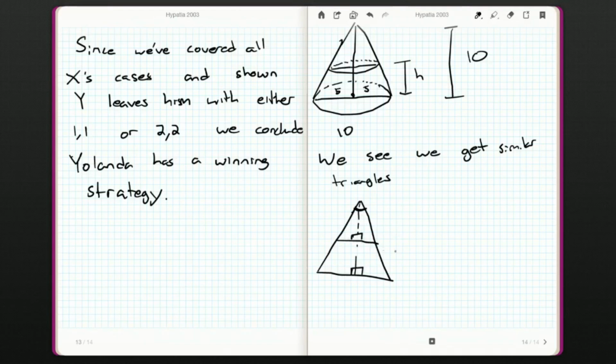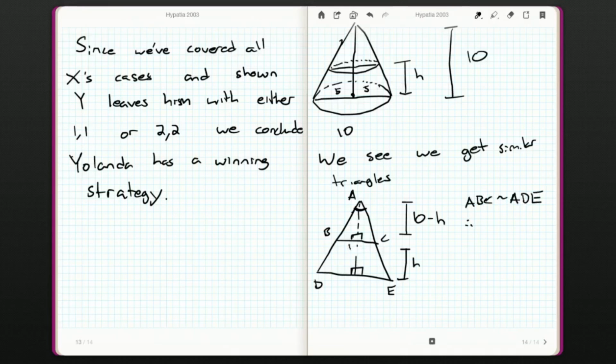So, this height is x, this height is 10 minus x, and we notice that the ratio of, you know, what, we should probably give these things names, A, B, C, and D. So ABC is similar, not congruent, to ADE.